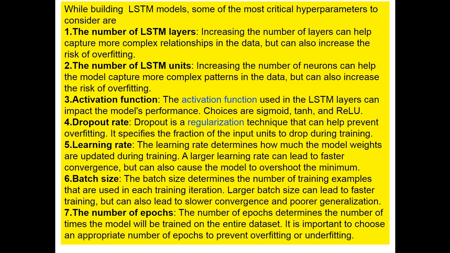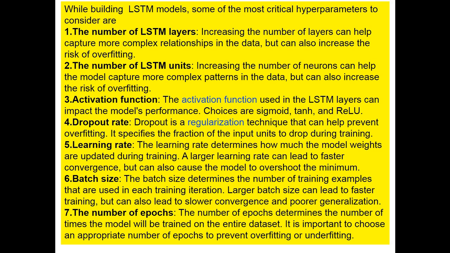A larger learning rate can lead to faster convergence, but can also cause the model to overshoot the minimum. So, a minimum learning rate with the optimum learning rate is what is required. Batch size determines the number of training examples that are used in each training iteration.